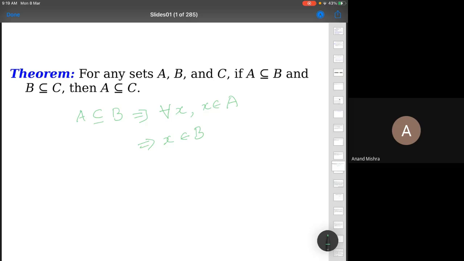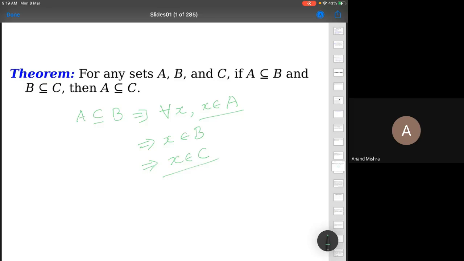And since B is a subset of C, that also means if x belongs to B, then x belongs to C as well, right? So we started with x belongs to A. For all x belonging to A, x also belongs to C. What does it mean? Essentially it means that A is a subset of C, right?